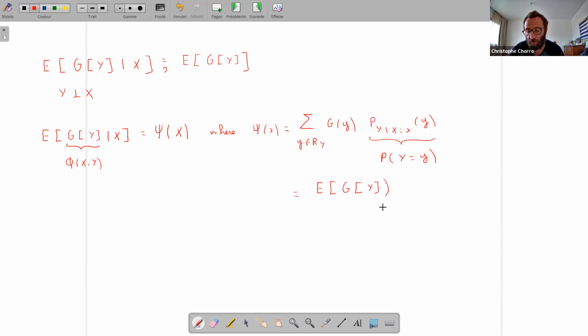And I have my result. I used the independence just to say that my conditional probability mass function in this situation is simply the probability mass function of y. So I have proved statement 3.